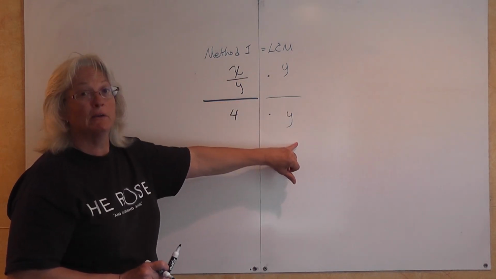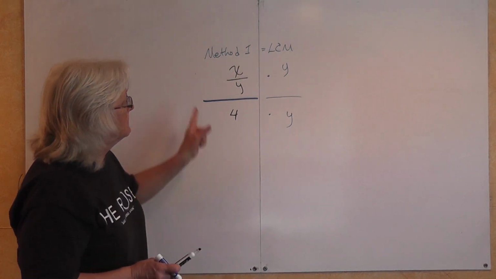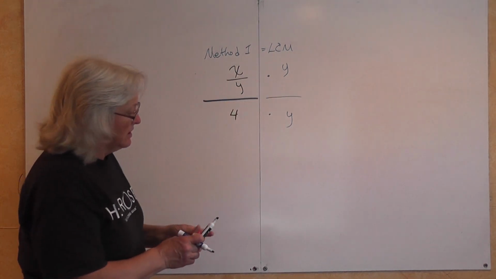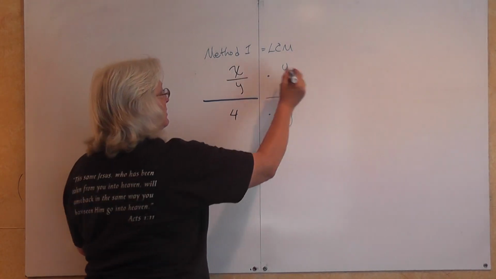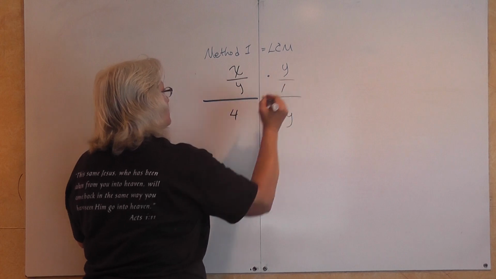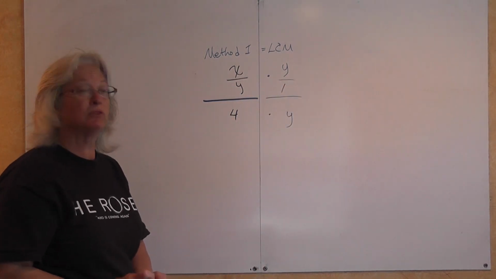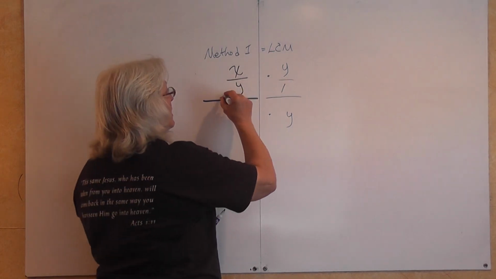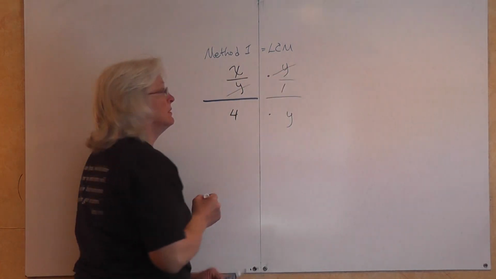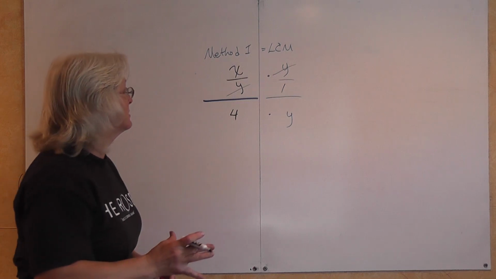y over y is just a value of 1. Now, if I write in y over 1, this should jump out to you now that we have a common factor of y in that rational expression in the numerator that we can cancel.